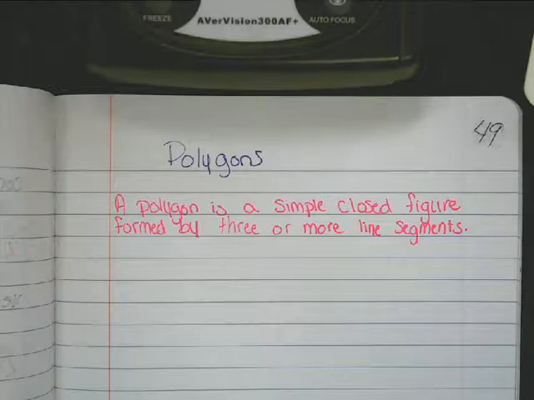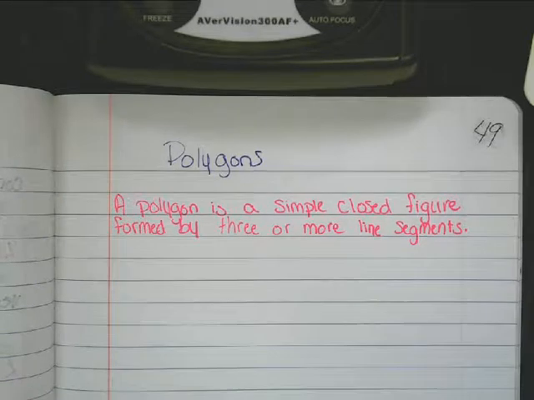Why couldn't it have two line segments? Why does it have to have three? Can you take two line segments and make a closed figure with it? No. Alright, so that's why it has to be three.